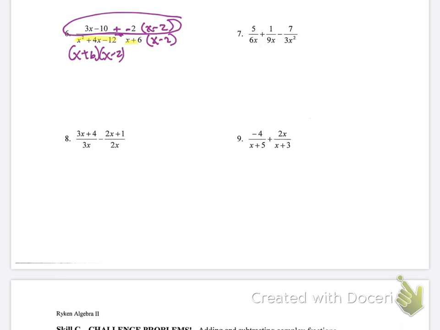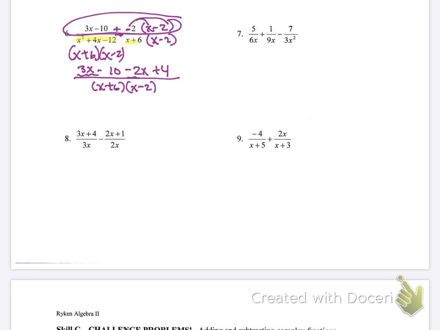Okay, so if I distribute this inside, that becomes what? Negative 2x plus 4, and I still have the 10 and the 3x. And then on bottom, I'm going to have x plus 6, x minus 2. All right, and then it's ready to combine like terms. So again, they're getting harder because we're adding a bunch of old stuff into one problem.